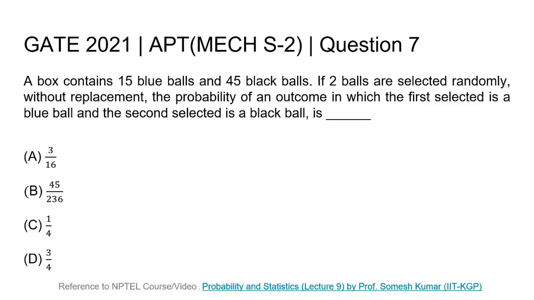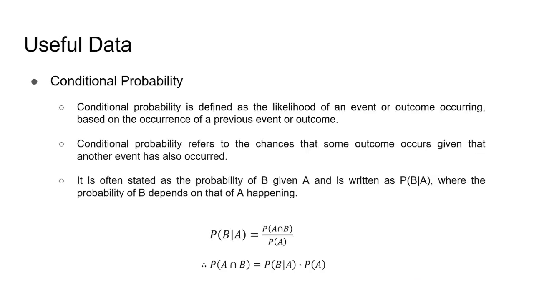In our case, we have to find out the chances of the second selection is a black ball when another event, that is selection of the first ball, is a blue ball also happened. It is often stated as the probability of B given A and is written like this, where the probability of B depends on that of A happening.